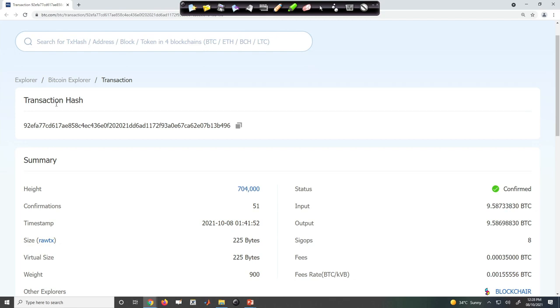If you see at the top, this is a transaction hash, and this transaction is part of block number 704000. So, you too can take a look at the same block by going to btcd.com, and then you can figure out that it has got this particular transaction. So, this is one of the several transactions which are there in this particular block.